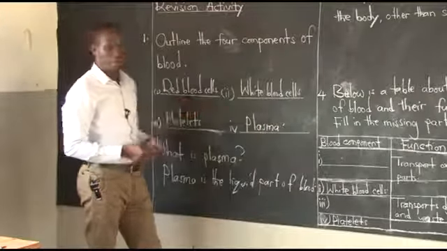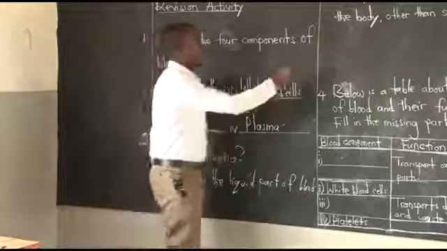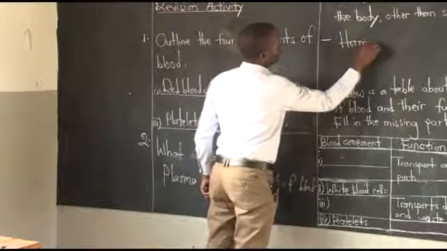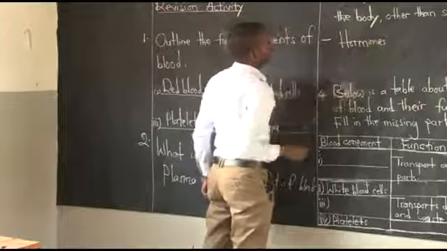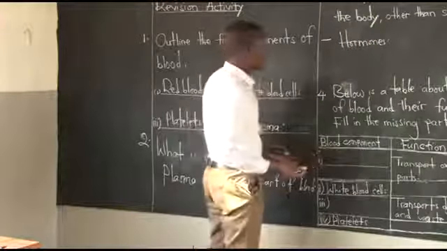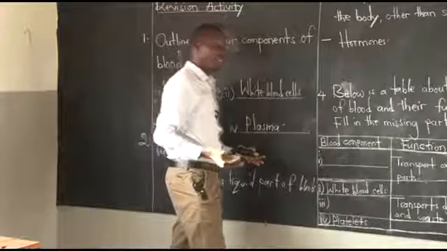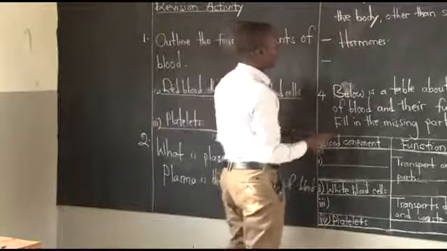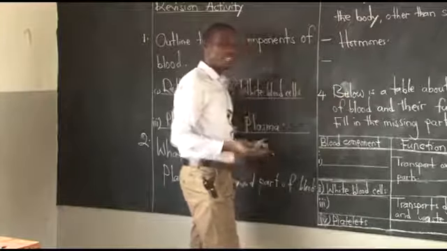Plasma can carry a number of substances. Talk of hormones, which are the chemical substances that can regulate body cells. We also have water. There's a lot of things.